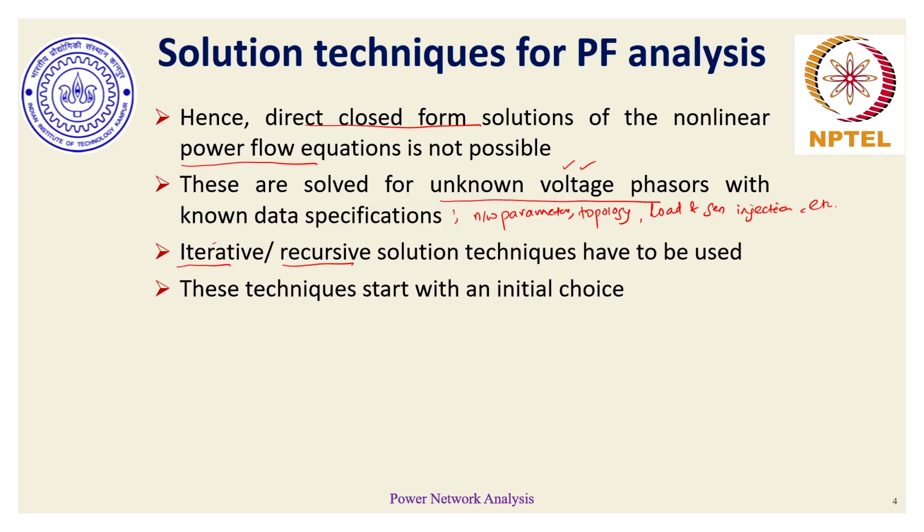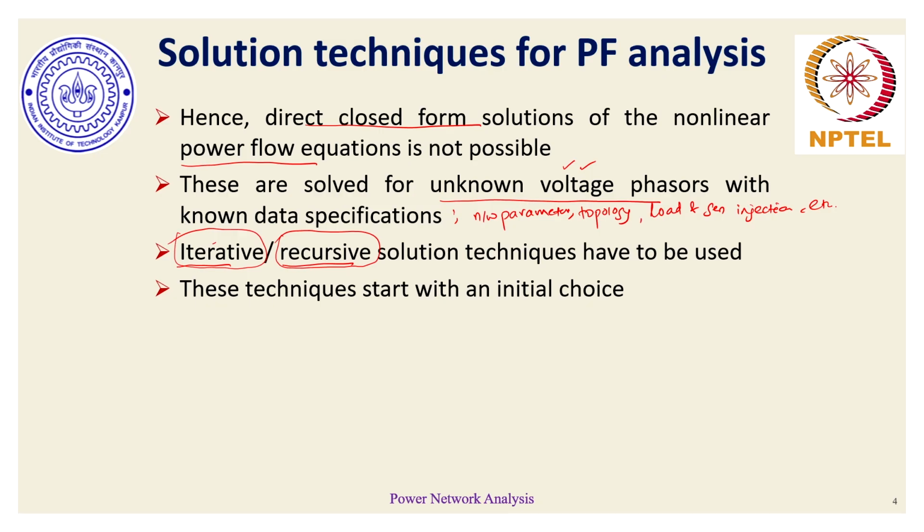Now, what is the difference between iterative and recursive techniques? Just to state it from a very layman perspective, iterative techniques often tend to find the values of all unknowns in one single go, whereas recursive techniques try to find the solution of each of these unknowns one at a time. This difference between iteration and recursion will become clear when we discuss the Gauss-Seidel method and other techniques at length.